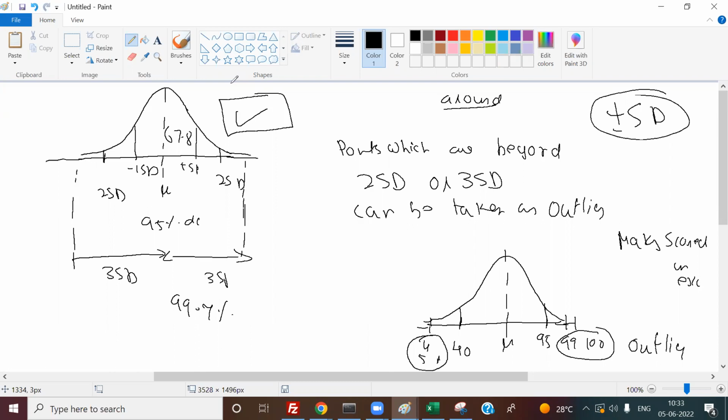So using the concept of standard deviation and mean or this normal distribution, I can also find the outliers. Now, whether you want to take 2 standard deviation or 3 standard deviation, there is no fixed guideline. That is your choice. If you take 2 standard deviation, you will have more outliers. If you take 3 standard deviation, you will have fewer outliers.